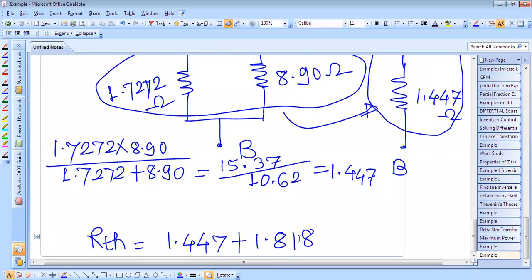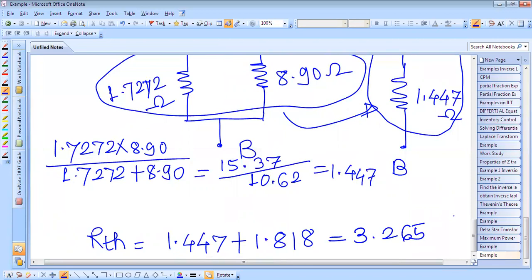So this is coming equal to 3.265 ohm. Okay.